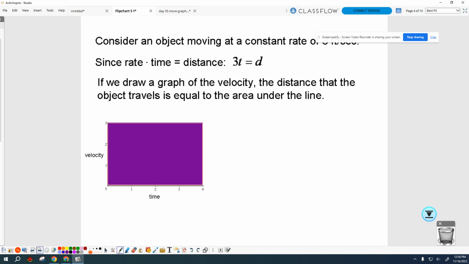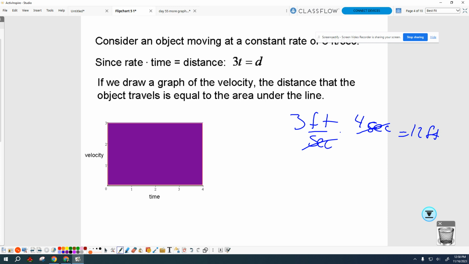I am walking at 3 feet per second, and I walk for 4 seconds. How far did I walk in those 4 seconds? 12 feet. 3 feet per second for 4 seconds. Seconds cancel out, I went 12 feet.